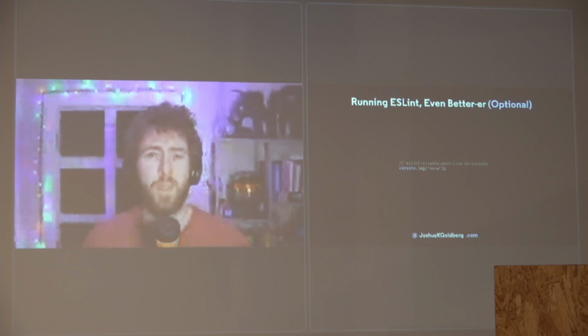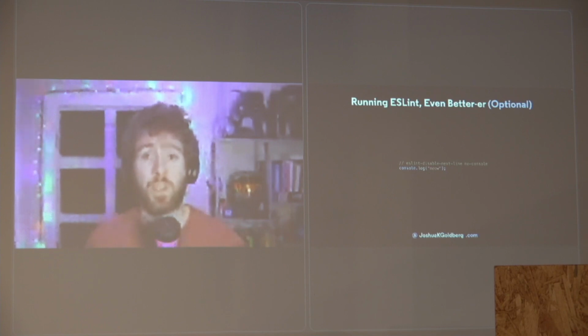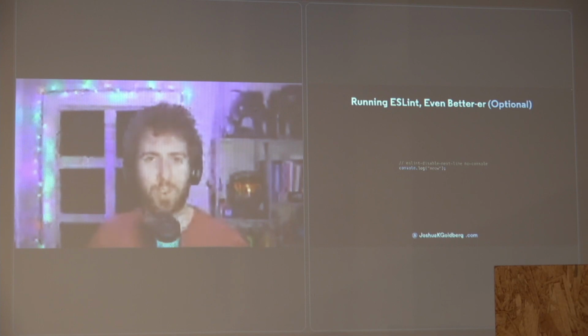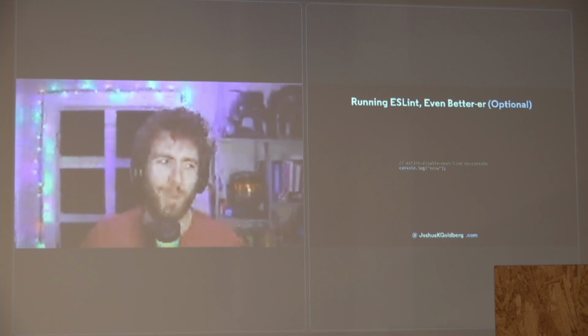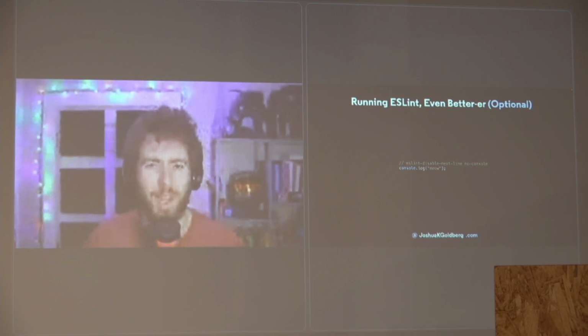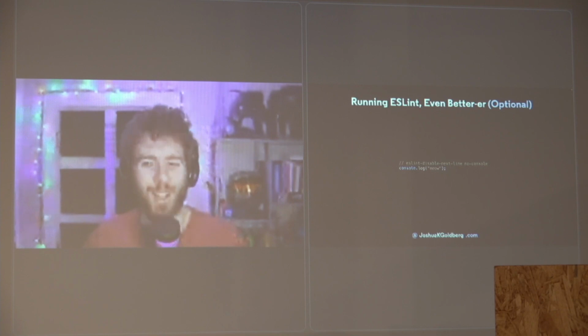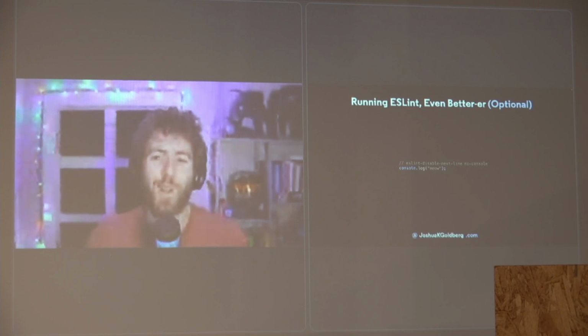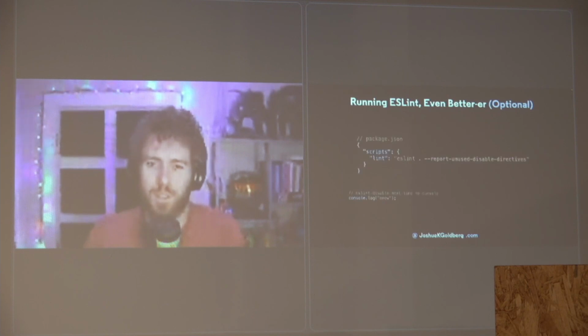For example, there's a built-in rule in Node, no-console, which a lot of folks prefer because they don't want random console logs. They prefer to use their own logger if possible. But you may have an area of code where you just want to get a log, and you might then want to use ESLint disable next line. But then, similar with warnings, you might find that these pile up over time unnecessarily. So I also recommend running ESLint with --report-unused-disable-directives.